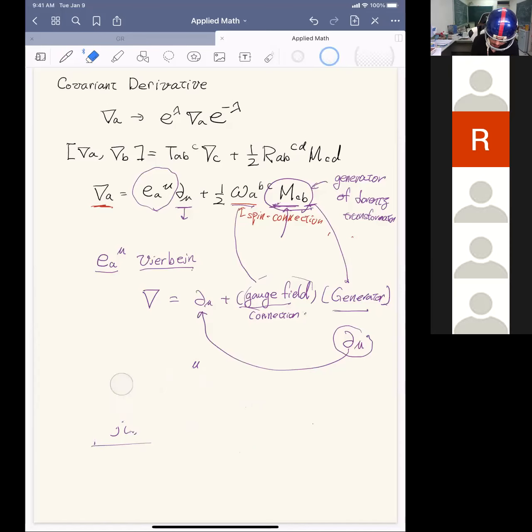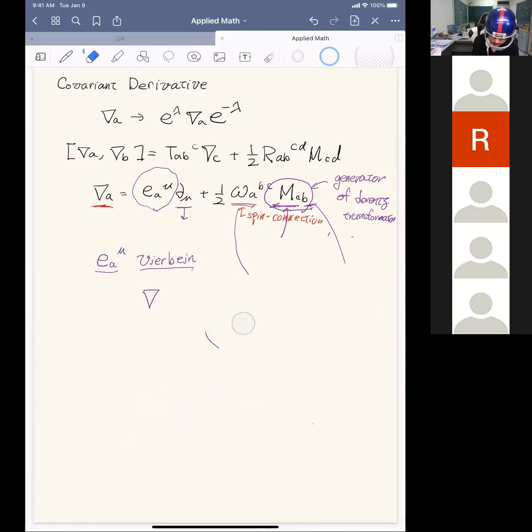Okay, so since there's a difference between curved and flat indices, introducing this Vierbein also allows us to translate between curved and flat index objects. So for example, if I have some V^a that is defined in flat indices, I can just multiply by the inverse of my Vierbein.